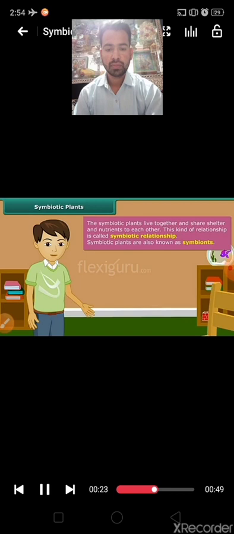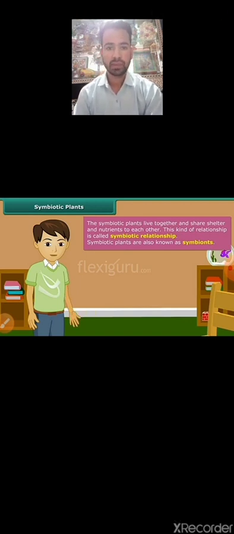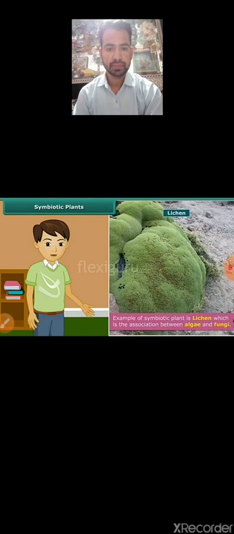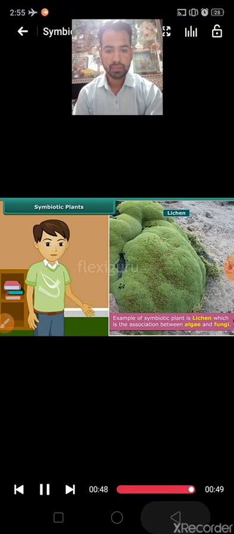The organisms which are involved in this kind of relationship are called symbionts. Lichen is a good example of symbiotic relationship. Lichen is the association between algae and fungi. In this kind of relationship, algae provide food to fungi, and fungi provide protection, absorbed water and minerals to algae.